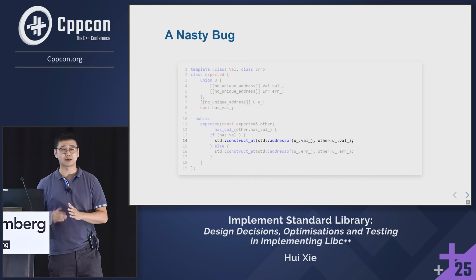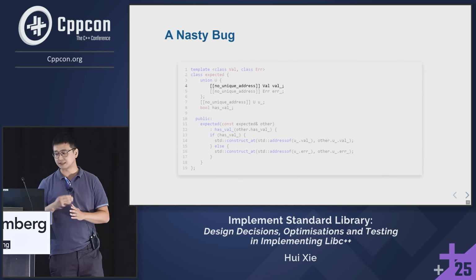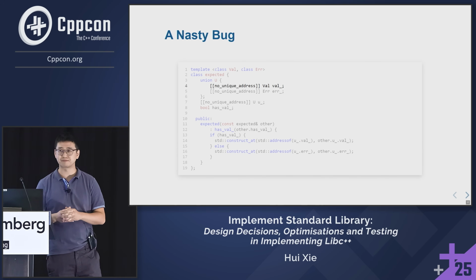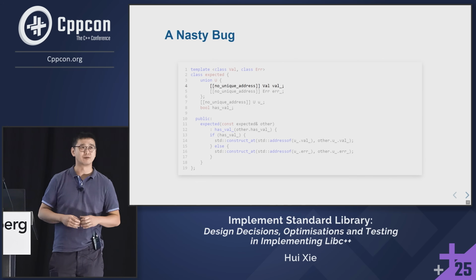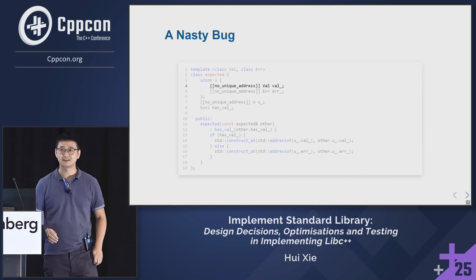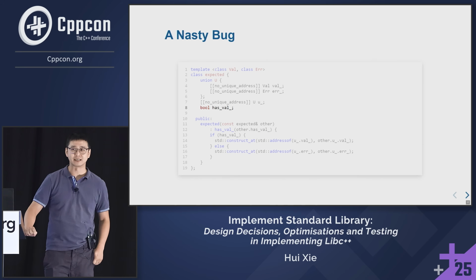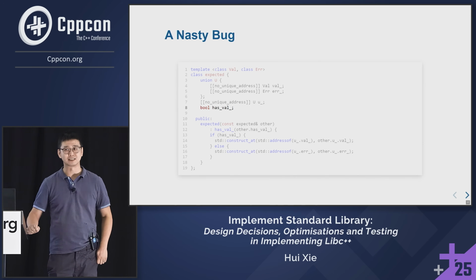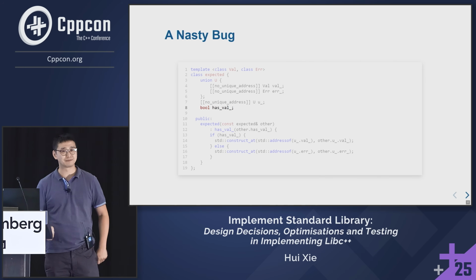And then we call the copy constructor of the foo at the memory address inside our union, right? And eventually it will do a zero initialization. And because our Boolean lives inside the tail padding, it got zeroed out. And that's why we got this bug.